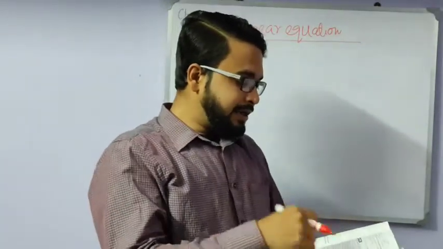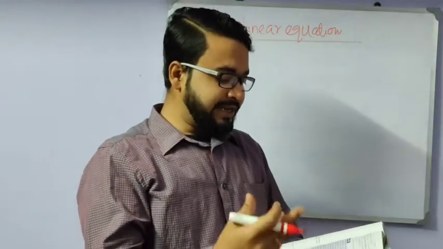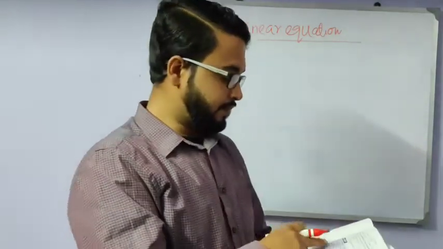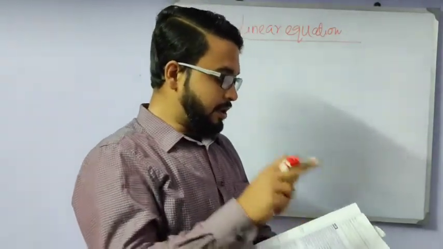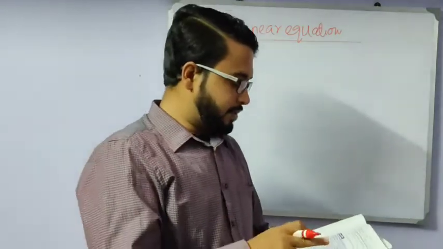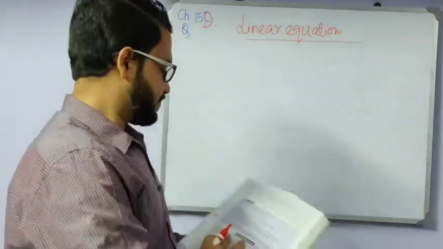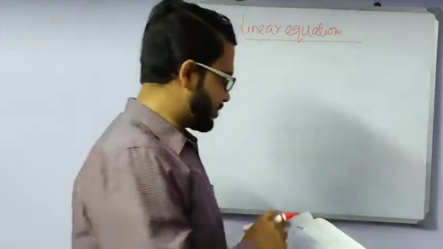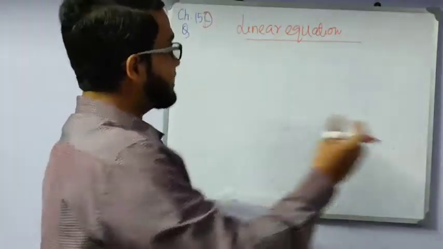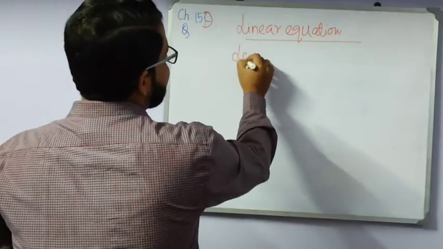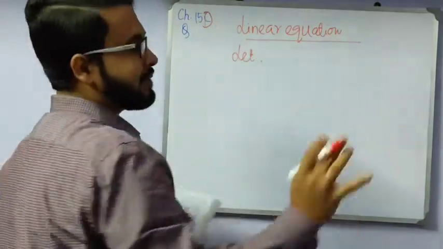A number increased by 17 gives 26. Find the number. Chapter 15D, question number 1. Look at your book very carefully. In this type of question we have to assume something.